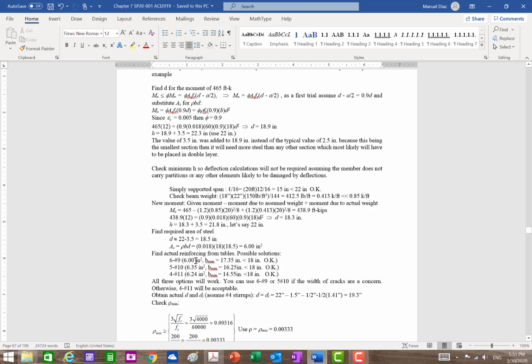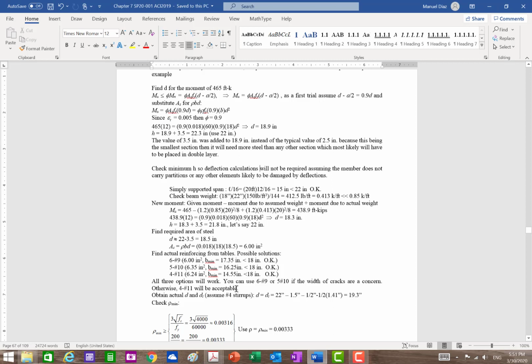I can do 6 number 9s, 5 number 10s, 4 number 11s. All these options work. You can use 6 number 9s or 5 number 10s if cracks are a concern. Otherwise, 4 number 11s will be acceptable, right?